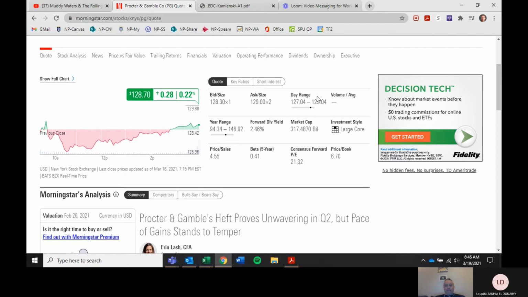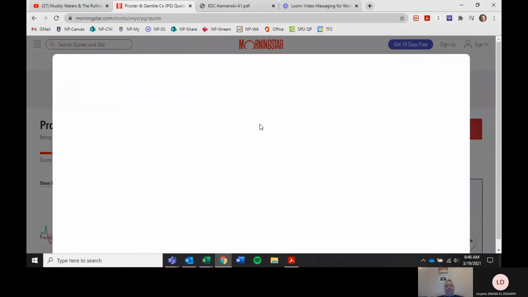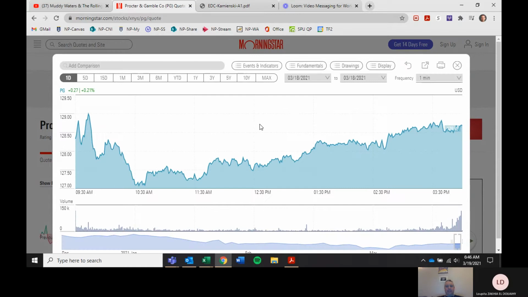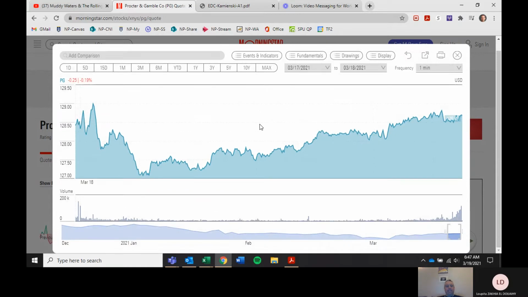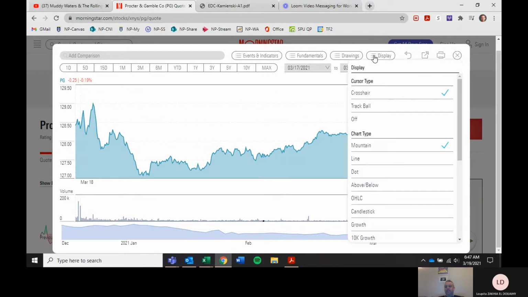Well, as I'm looking through here, what I'm going to show you is something neat. Let's see if we can find it together. I'm going to click on this chart, and we're going to go ahead and take a look at Morningstar's chart here. And there are all these different buttons up here that we can choose.